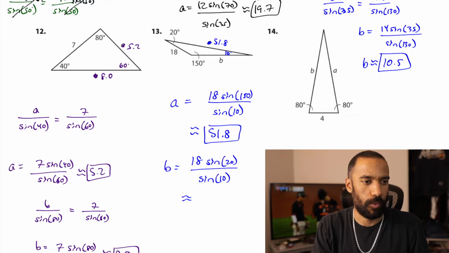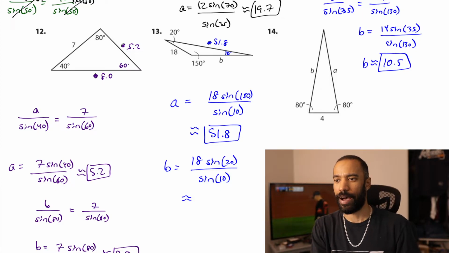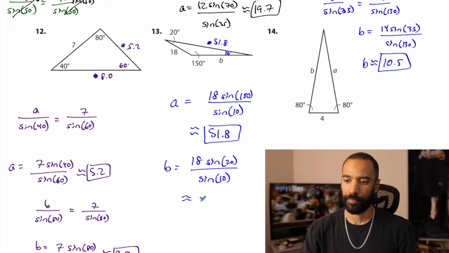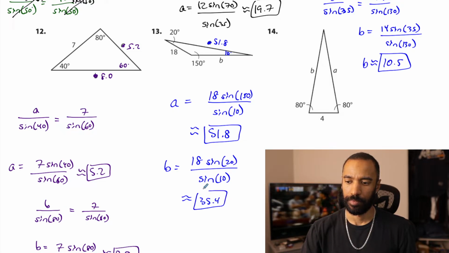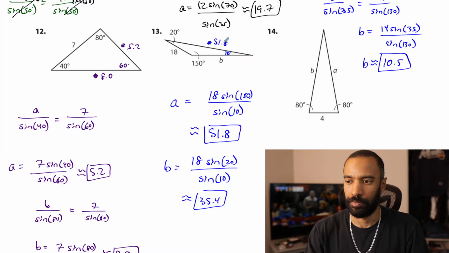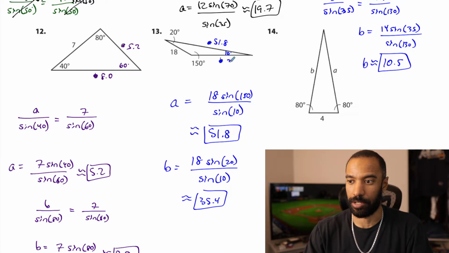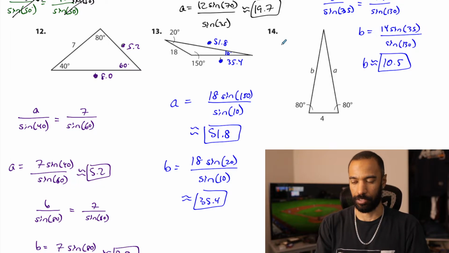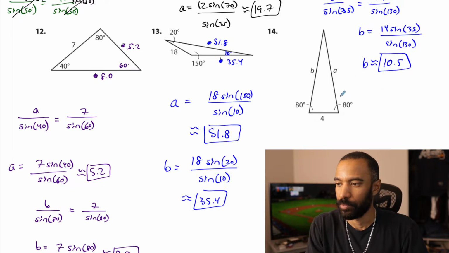The other was sine of 20 instead of 150 there. So 20. And this will be 35.4. Still believable. More than the 18, right? Almost double, as it's kind of double the angle there. Kind of surprised. So 35.4.